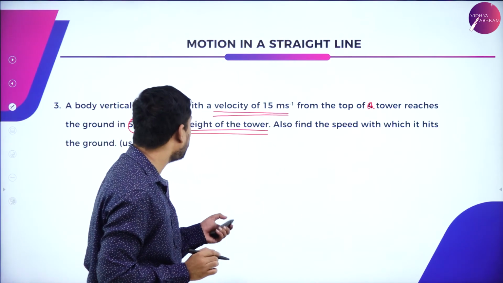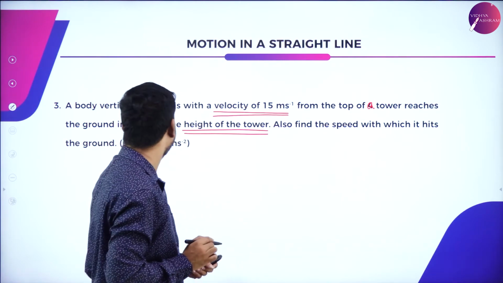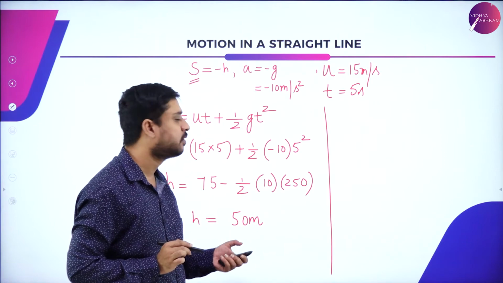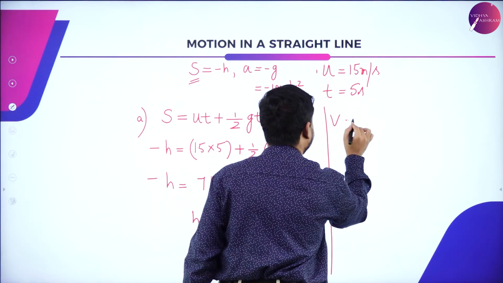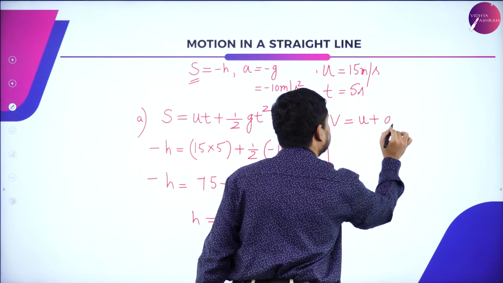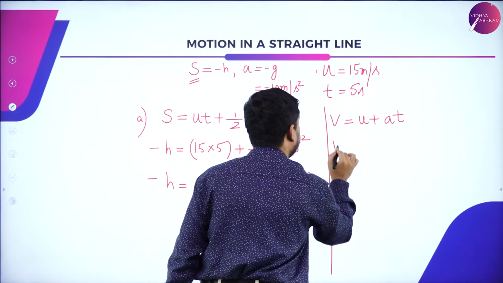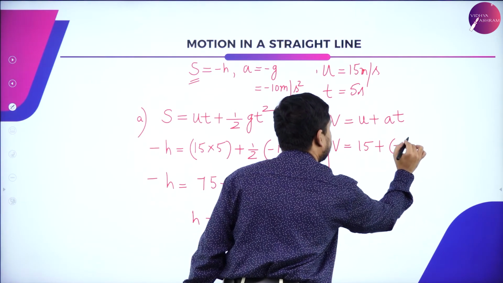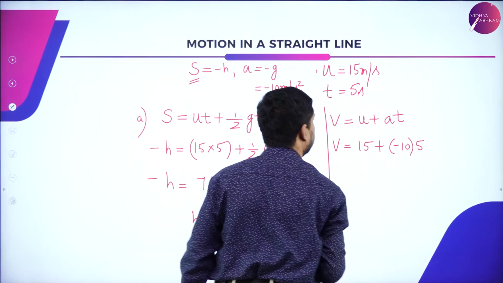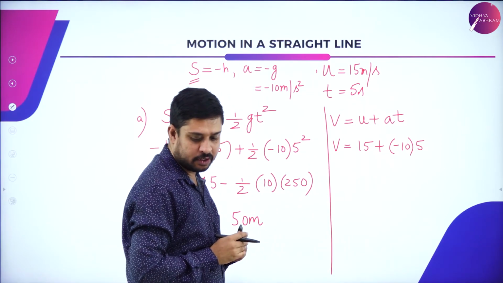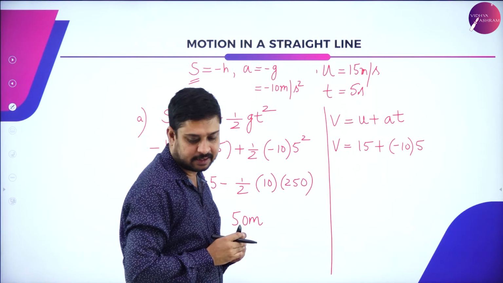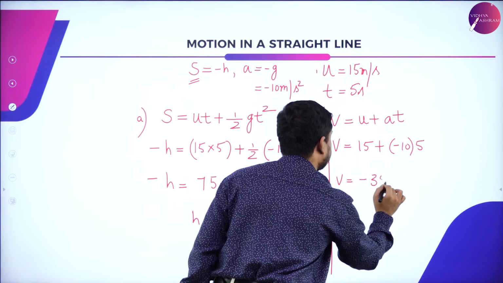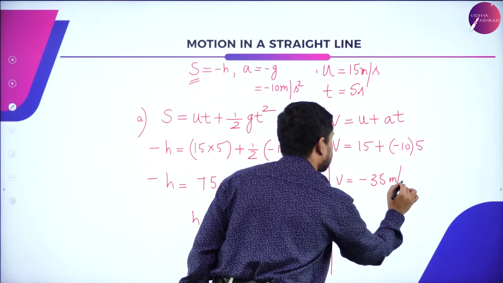Now I have to also calculate the speed with which the body strikes the ground, which is V equals U plus AT. V is equal to 15 plus minus 10 into 5. So the answer is minus 35 meter per second.